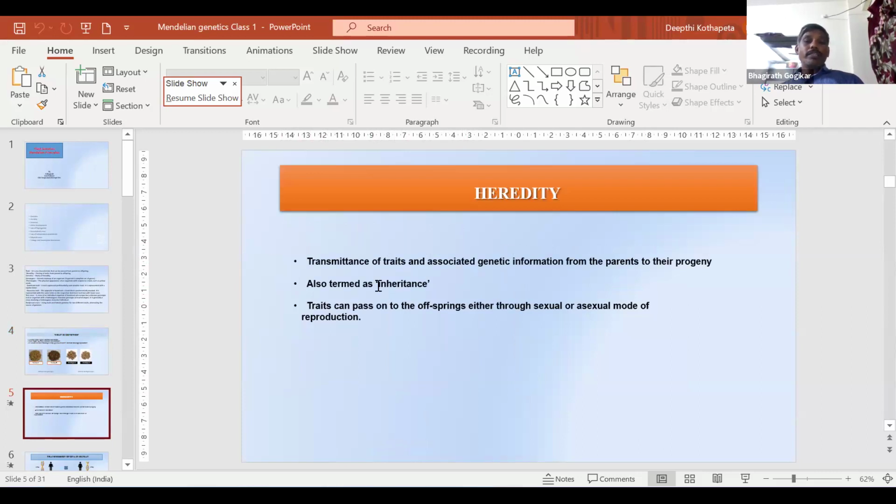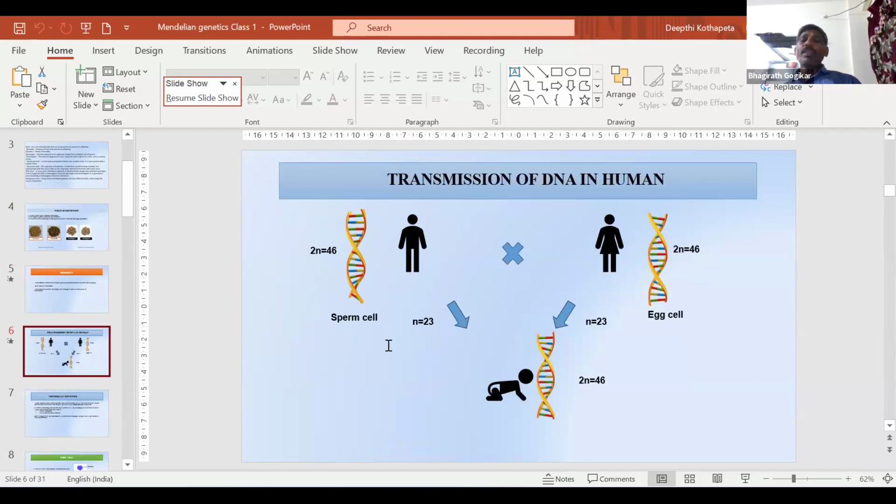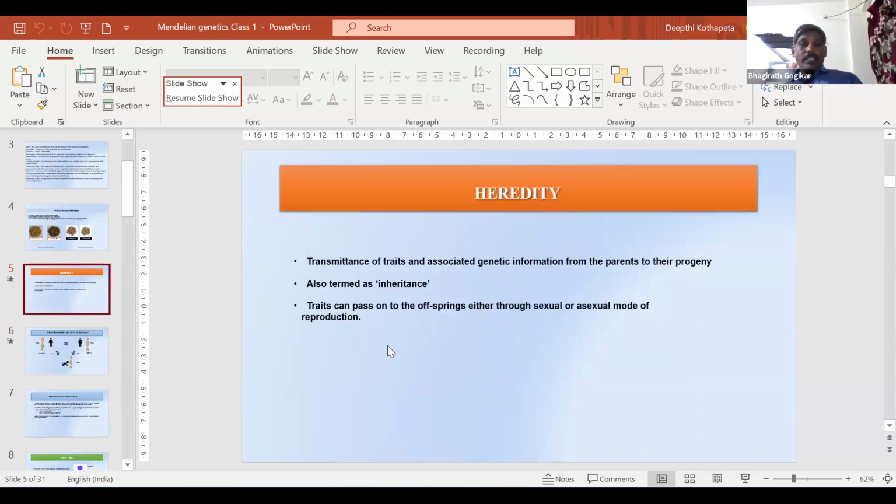So heredity, as we already explained, is also called inheritance. How are characters transmitted? Generally, parental characters are transmitted to the offspring through reproduction.